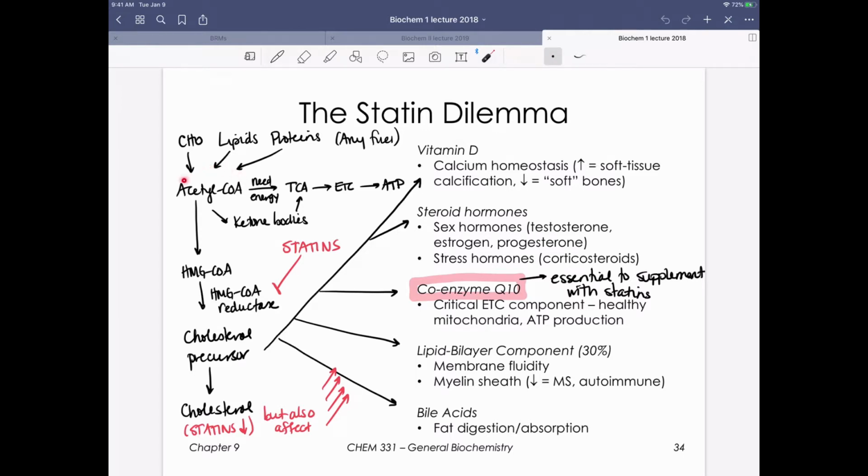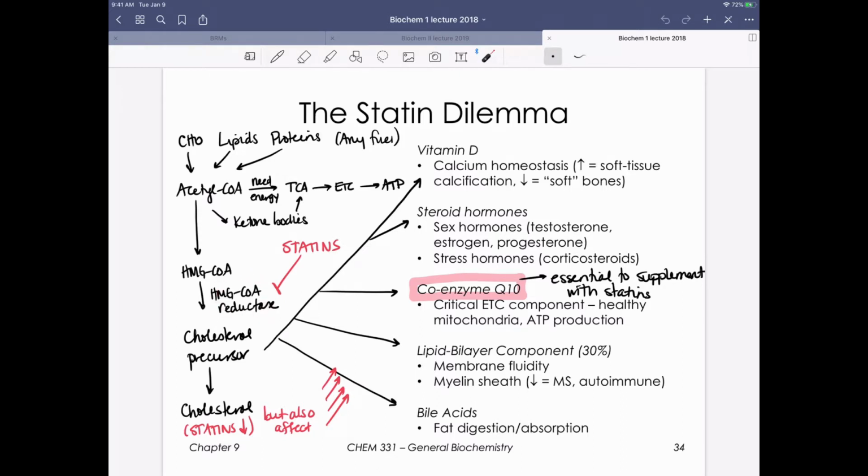But one of the things I'm going to talk about right now is that acetyl-CoA can be made into something called HMG-CoA. This is an important precursor to the synthesis of cholesterol, and statins inhibit the enzyme HMG-CoA reductase.